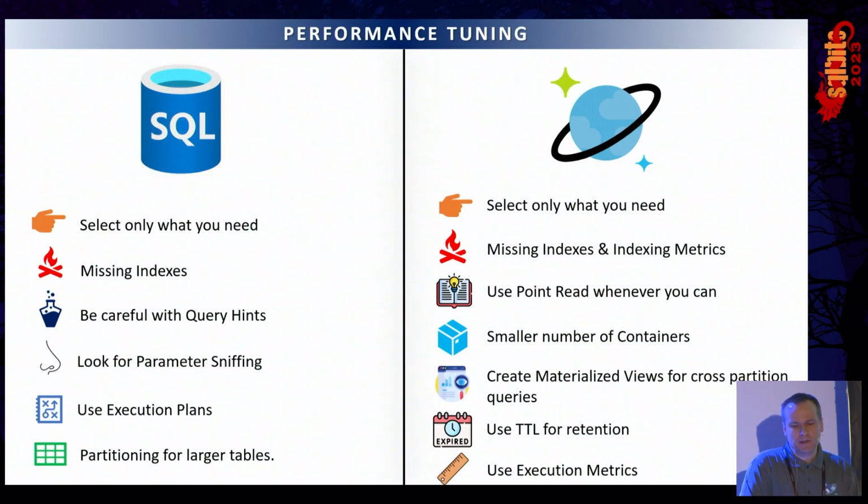In Cosmos DB, as I showed you before, try to use the materialized views if you have partition key problems. Use the TTL: if you have a retention policy, say after 2 years you don't care about the data, Cosmos DB will delete the data for free for you, and the storage will be cheaper because you don't keep all the data in an OLTP database. And you can use the execution metrics in Cosmos DB to figure out how long things take in the Cosmos DB database engine.